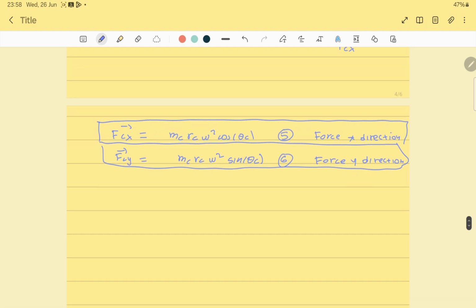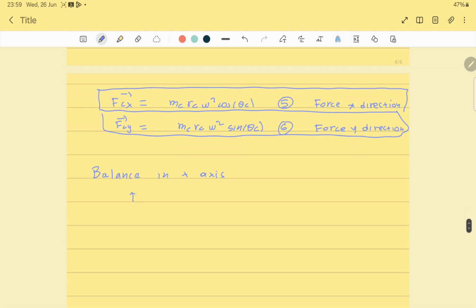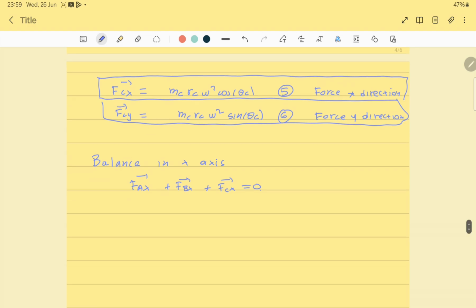Now I need to create two equations. The first one is balancing the forces in the x-axis. So FAX plus FBX plus FCX equal to 0. In order to have balance, we use Newton's law. All the forces added in the x direction should be equal to 0.